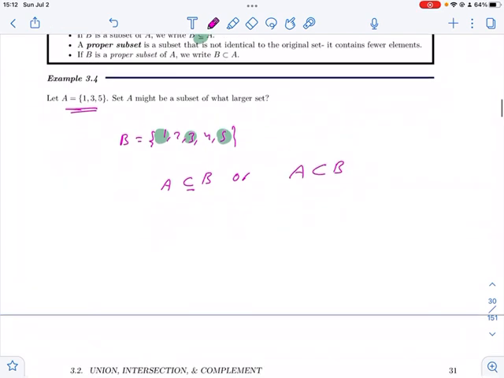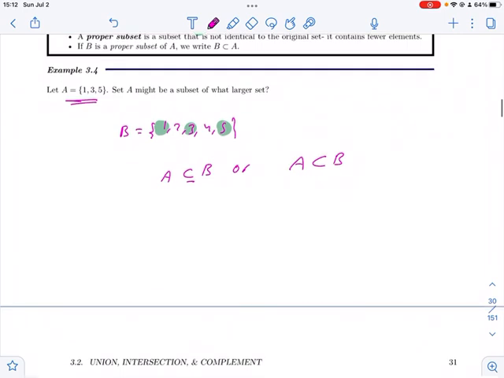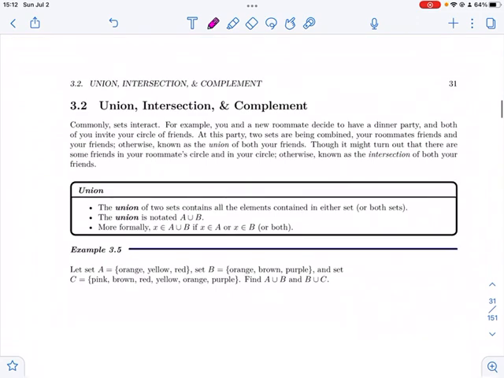In section 3.2, we learn some operations on sets. Usually sets interact. Sometimes we put all the elements in one set, and that's called union. Sometimes we find the common elements, and that's called intersection.